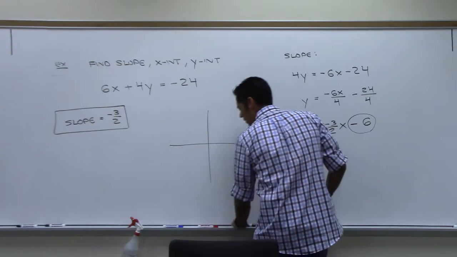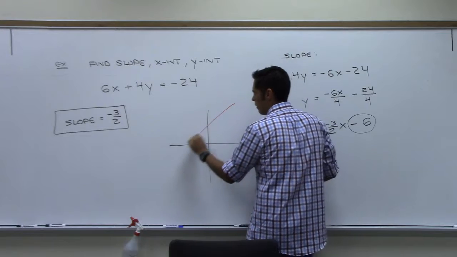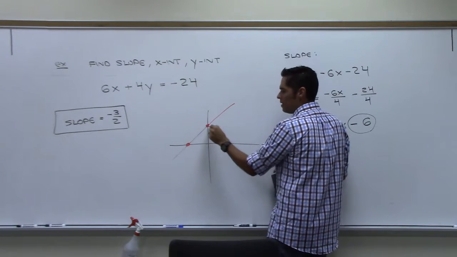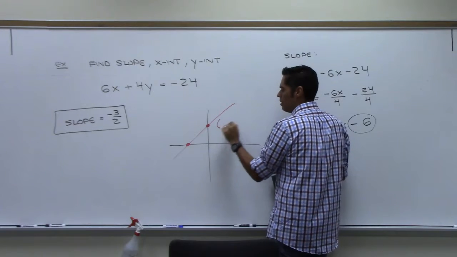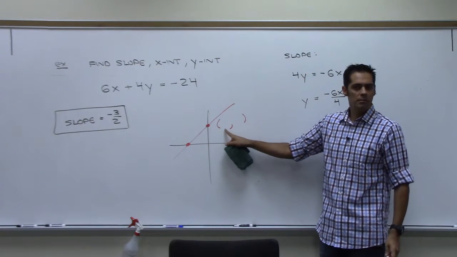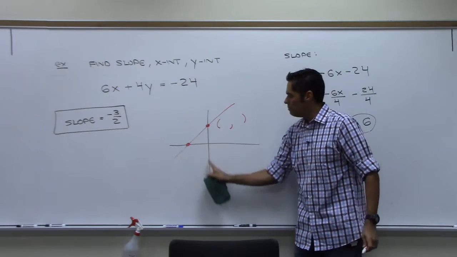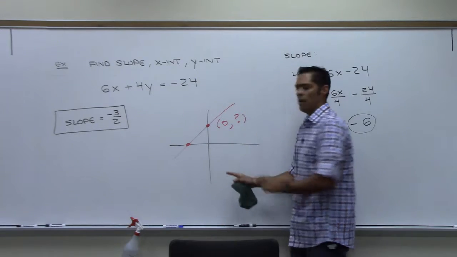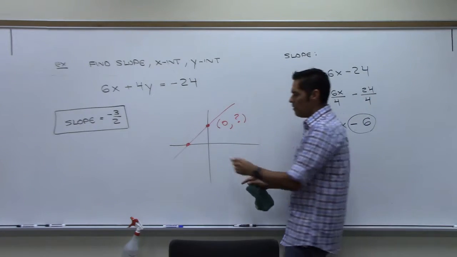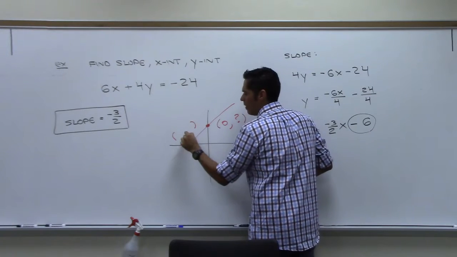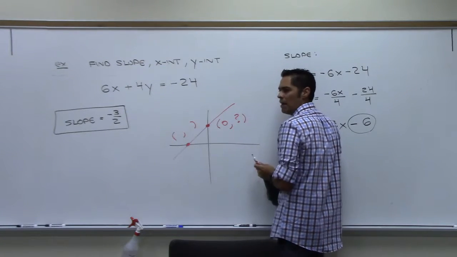Remember that if you have a line, the point that it hits the y-axis must have what as the x-coordinate? If you're on this line, this must be 0. And then the y could be whatever, right? If you're on this line right here, this point on the x-axis, what can you tell me about the y-coordinate?